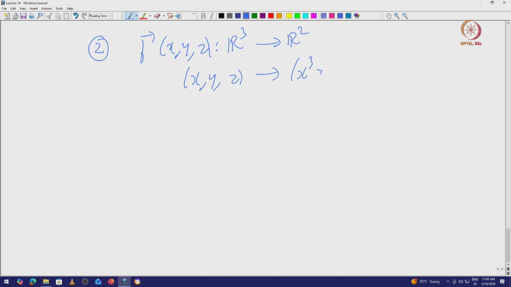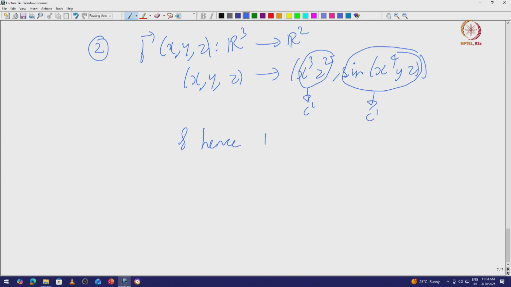Consider this function. Again, each of these components, these are both C1. By the same logic as before, on all of R3.